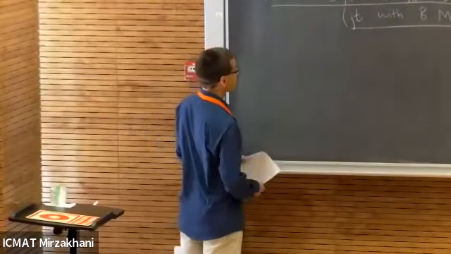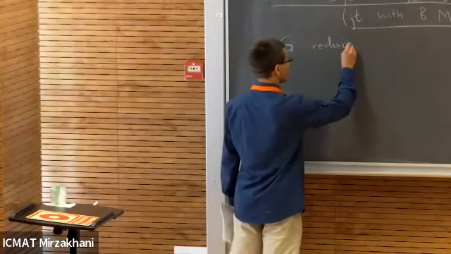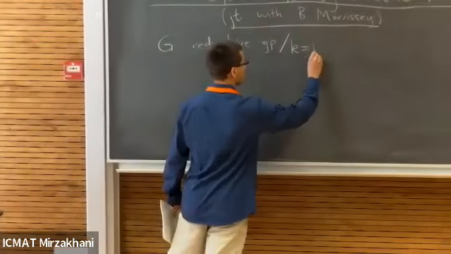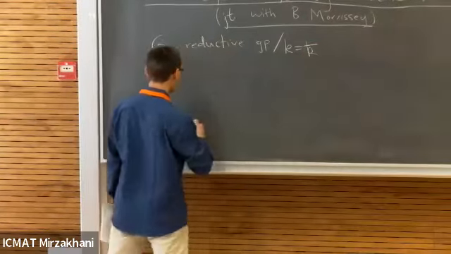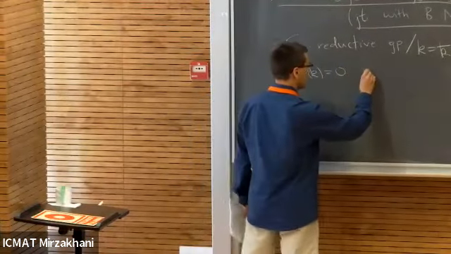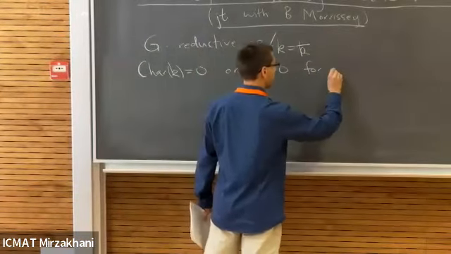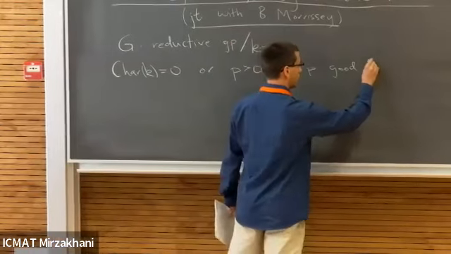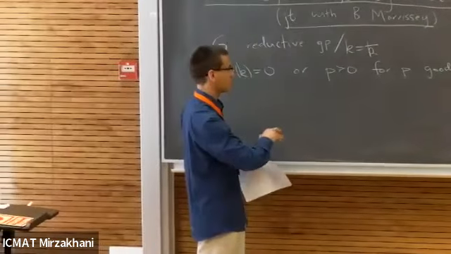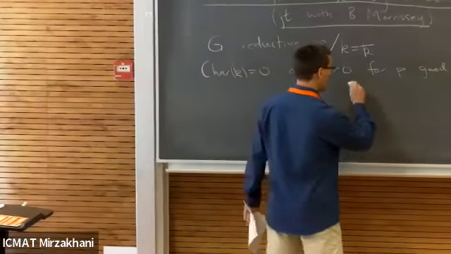So I just want to set some notation first. G is going to be some reductive group over some algebraically closed field K. And I'm going to assume that the characteristic of K is either 0 or P positive, for P good for G. If you are unfamiliar with the technical assumption of being good for G, you can just think greater than a Coxeter number, and that'll be fine.